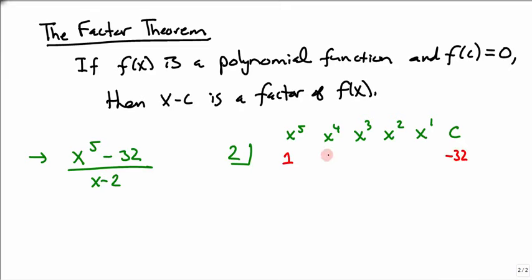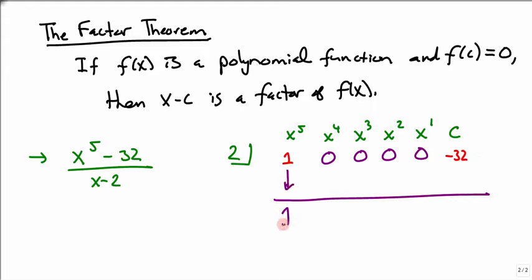Now what I need to do in between is put in zeros for each of these values, because 0x to the 4th would be 0, 0x cubed would be 0, etc. So I'm not changing the value, but what I'm doing is I'm keeping track of the coefficients, and that's going to be important to do here. Now with synthetic division, I do the same thing that I did up above, even though I now have these placeholders. I bring the 1 straight down.